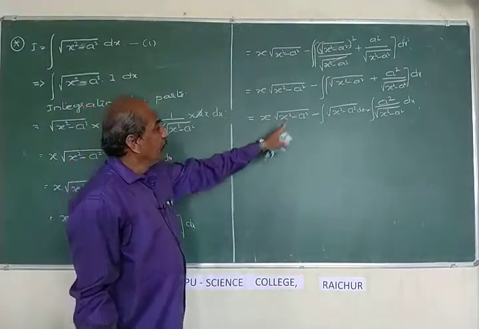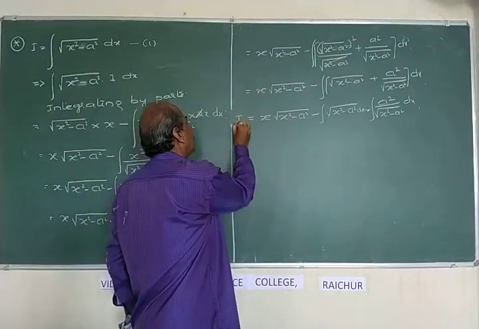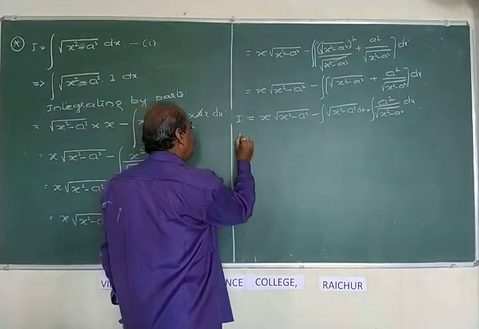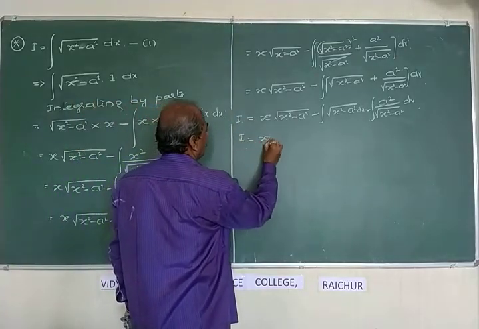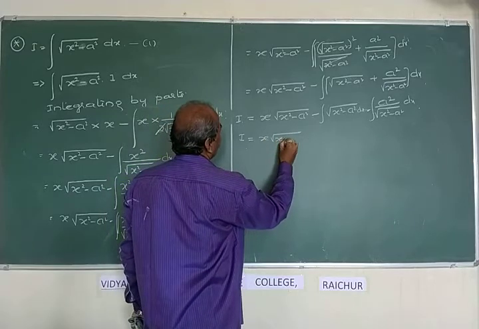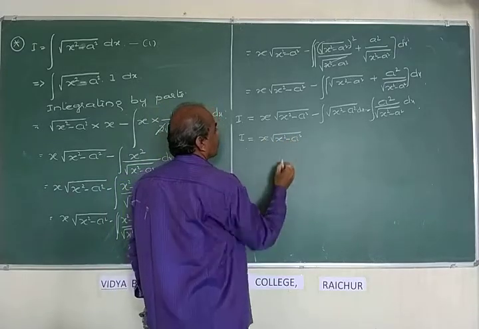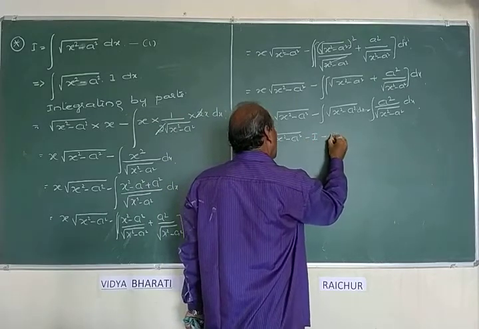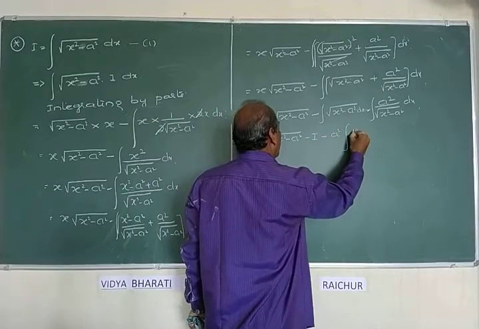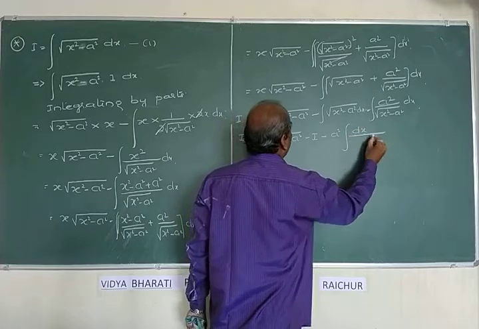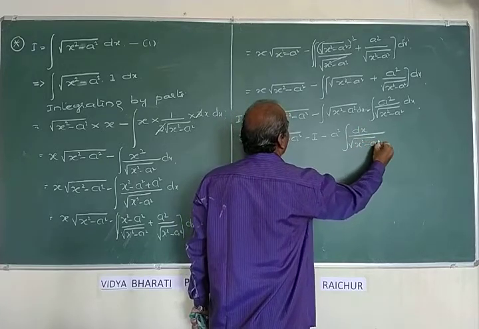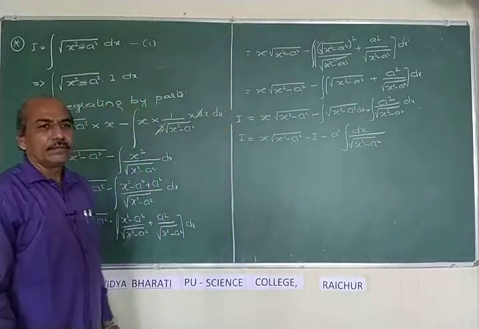Okay. Now, this is nothing but on the left hand side you have already I. Therefore, I is equal to x into root of x square minus a square minus I minus a square, a constant that you take outside the integral sign, dx by root of x square minus a square. Correct?